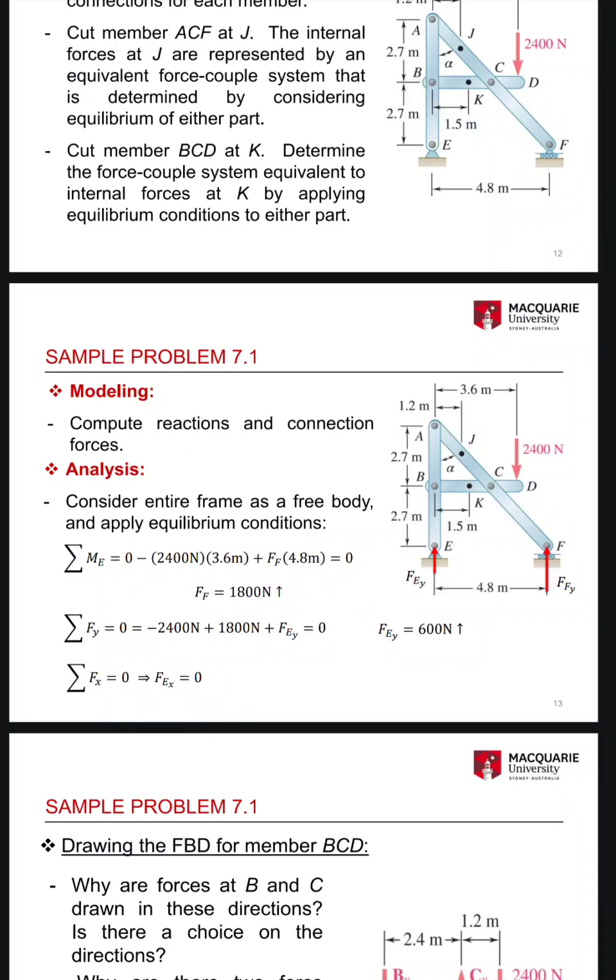Sum Fy equals 0: minus 2400 Newton plus 800 Newton plus Ey equals 0, so Ey equals 1600 Newton upward. Sum Fx equals 0, so Ex equals 0.